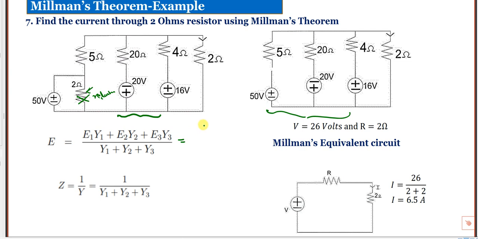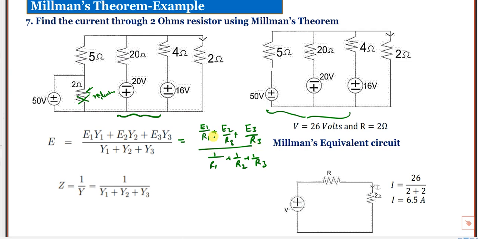The voltage is E1 by R1 plus E2 by R2 plus E3 by R3, if I convert into currents, divided by 1 over R1 plus 1 over R2 plus 1 over R3.